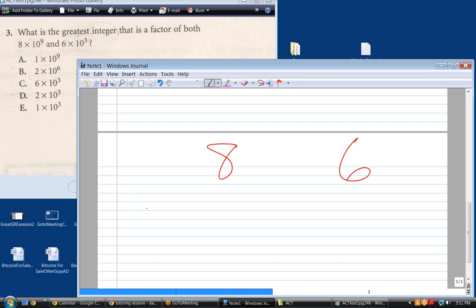In other words, I could factor out a 2, and I'm left with 4 and 3. There's no bigger number than 2 that divides evenly into both 8 and 6. So we're looking for a number that divides evenly into these 2 numbers, the biggest one that's on their list. It's not 1, it's not 6. So the answer is either going to be B or D.